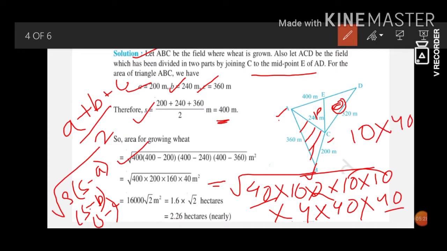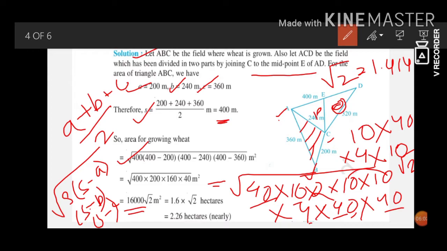Then 4 into 4 comes out, so 4 will come out, and from the 10 into 10, another 10 comes out. Under the root we have 2, so we get 4 into 4 is 16, followed by 3 zeros, so 16,000 root 2 meter square. Now the value of root 2 is 1.414.